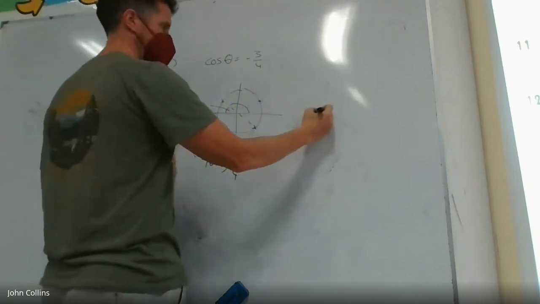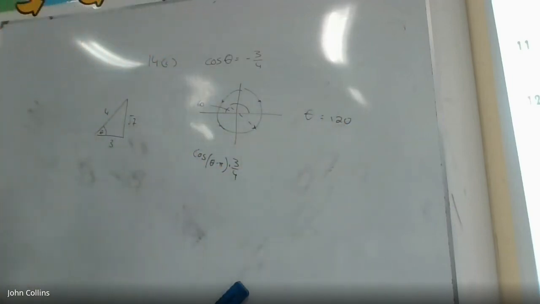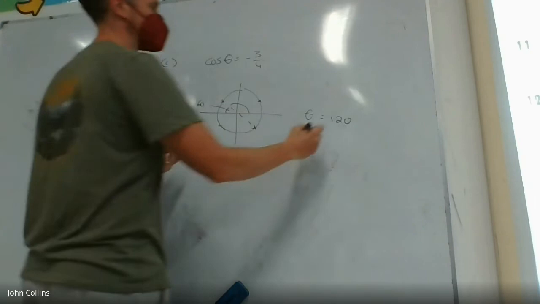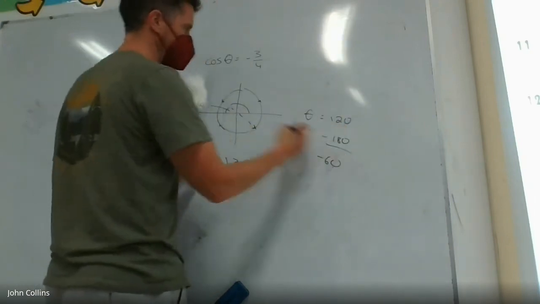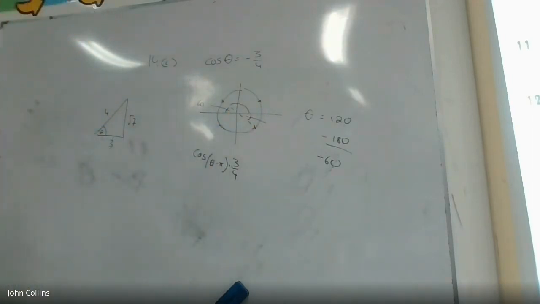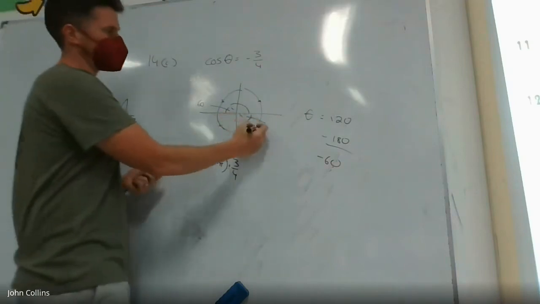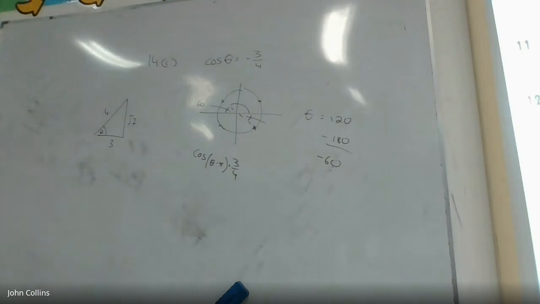So let's say theta is 120 degrees. If I take away 180 degrees from that, which is what I was saying to do, because pi is 180, I end up negative 60 degrees, or I end up in this quadrant, and that's our reference angle of 60. Just going the other way. Maybe that made it a bit easier, but maybe not. Okay, yeah. It's all about the 4 positions.